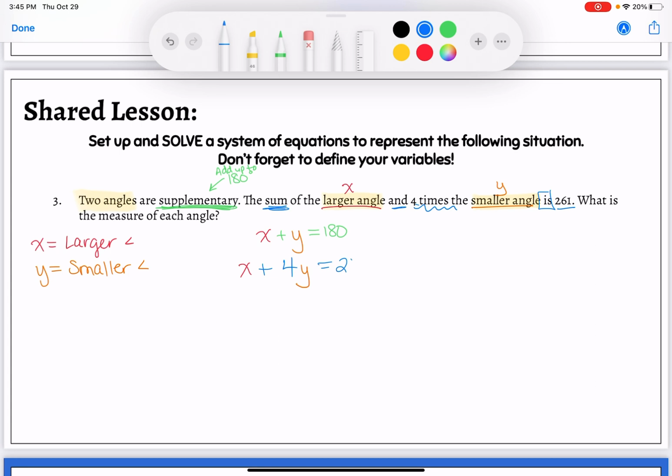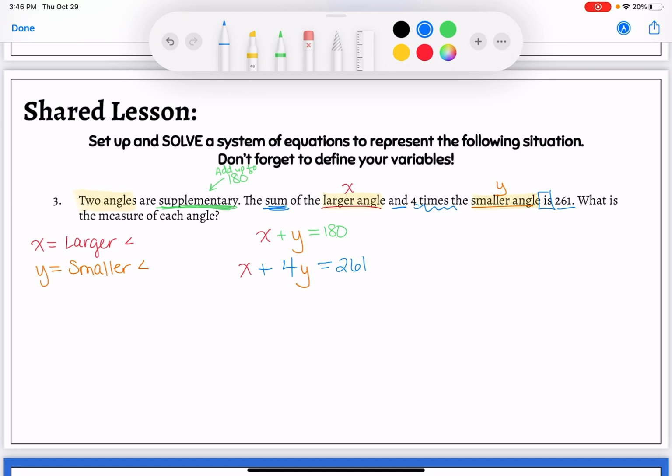So equals 261. So x plus 4y equals 261. The sum of the larger and 4 times the smaller is 261. So you have to know which variable stands for which here.